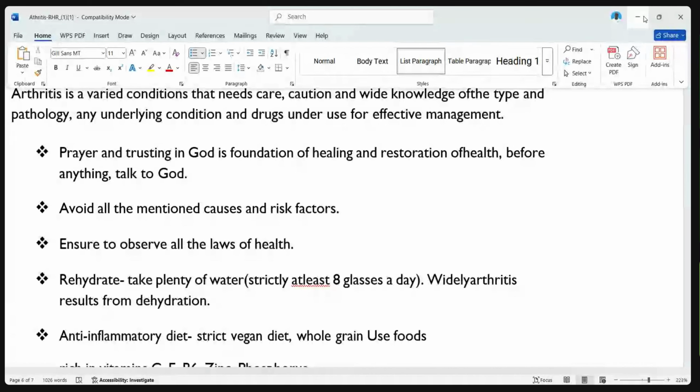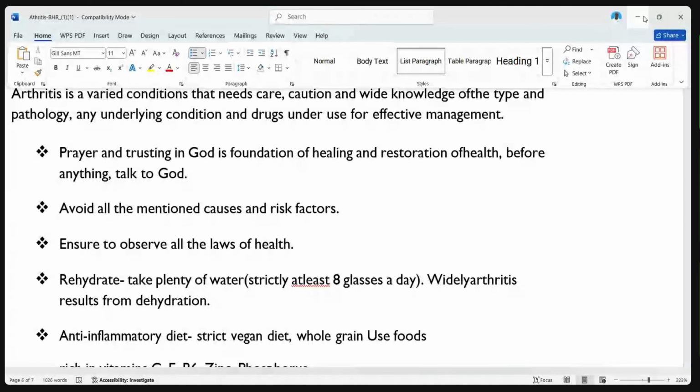Drinking to neutralize acidity in the body. Sorry, I didn't get you. Drinking? Hydrating the body enough. Well, very important. Hydrating the body enough because even the synovial fluid comes from water and other components like minerals and foods with nutrient properties.